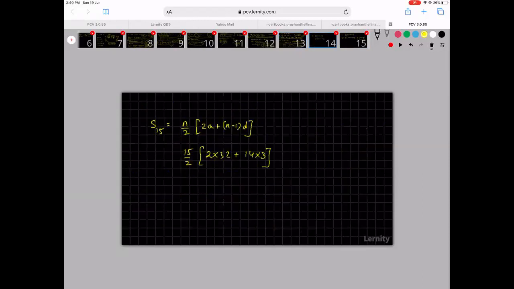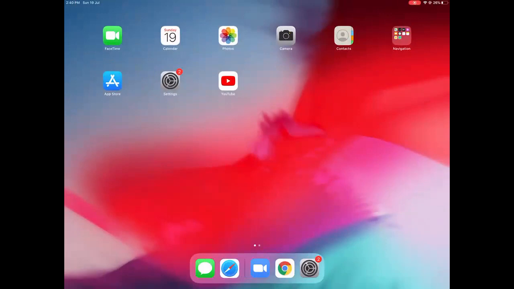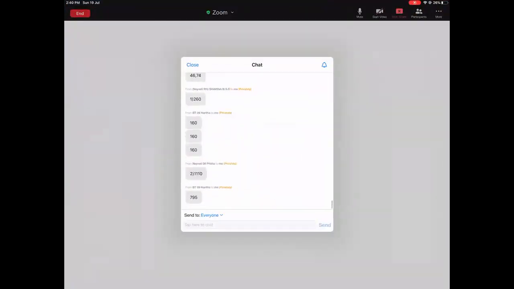Now when I work with it, 15 by 2, the 2 here gets cancelled. This will become 7. So 15 into 32 plus 21, that is 53. So 45, 5 carry over 4, 75, 79. So one is 795 and the other one we found out was 160.